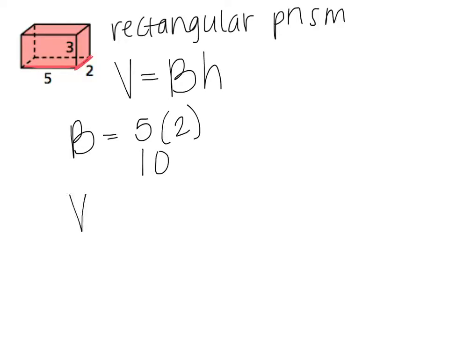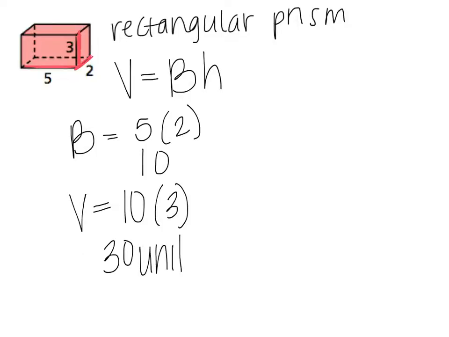Then to find volume, I know my base is 10, and the height of this rectangular prism is 3. So I'm going to do 10 times 3, which is 30. Just like with area and perimeter, I need to include a unit. But since I'm doing a 3D figure, I'm going to cube it. So it's units cubed.